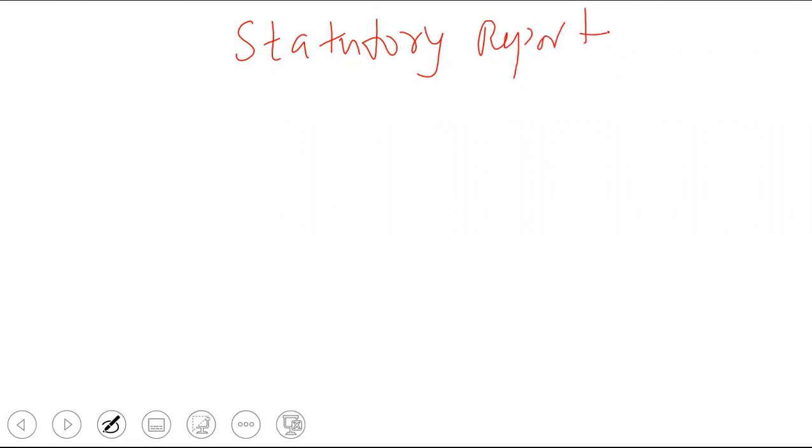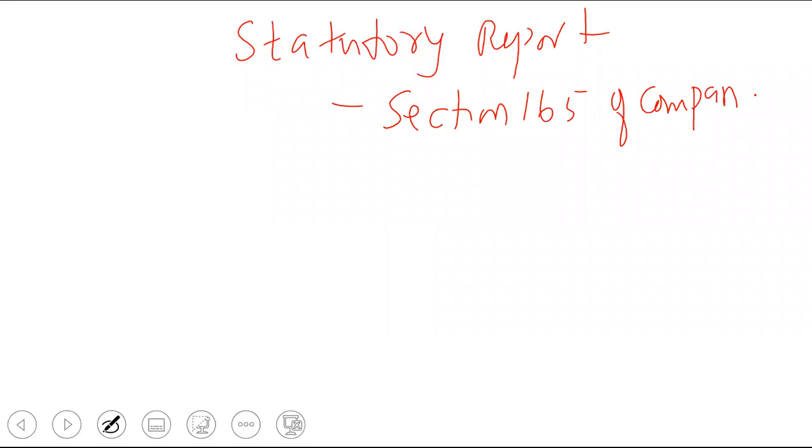I think in SP you might have studied all these things to a great extent, to the best of my knowledge. So this is the part of section 165 of Companies Act. This can be asked in the objective. You know every company can work only according to the Companies Act. So this is the part of 165 of Companies Act.